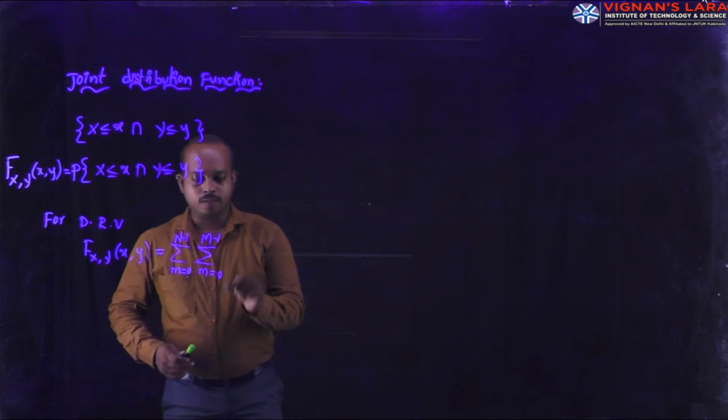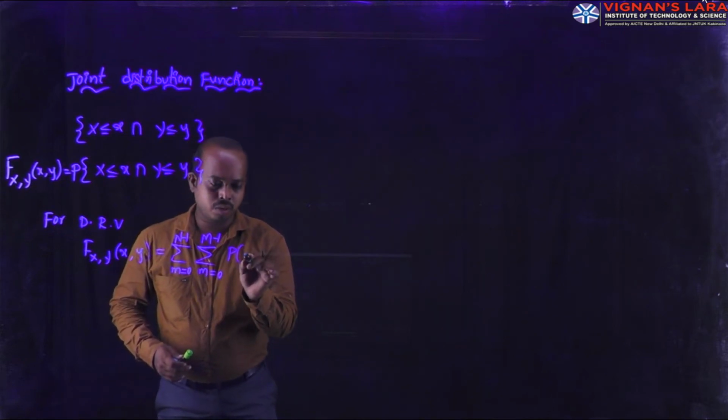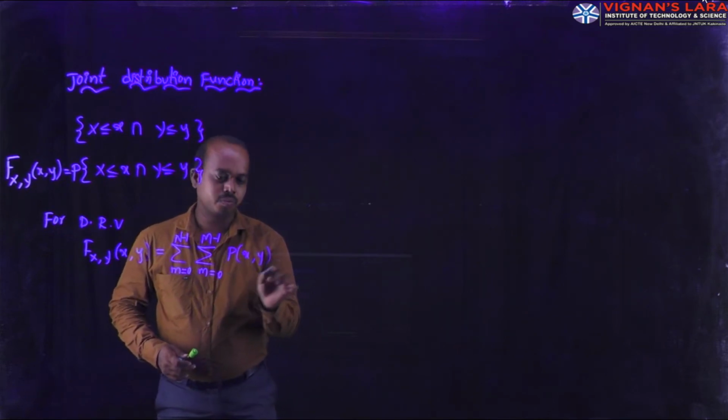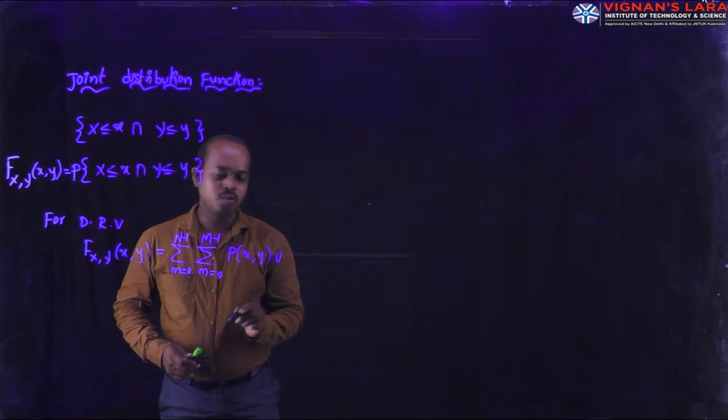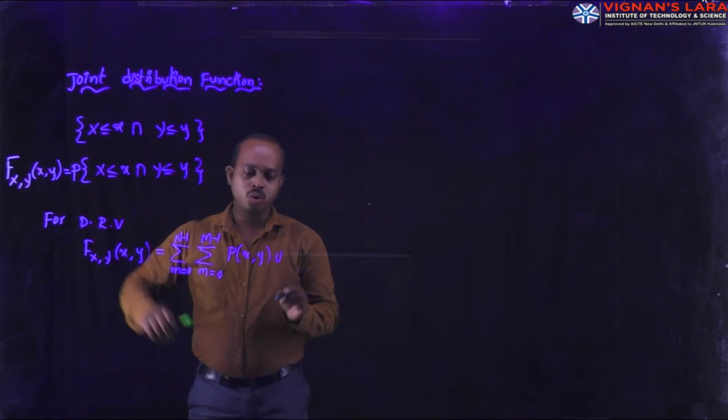Now you can write the function of probability of x,y times u, the step function relating to random variable x.